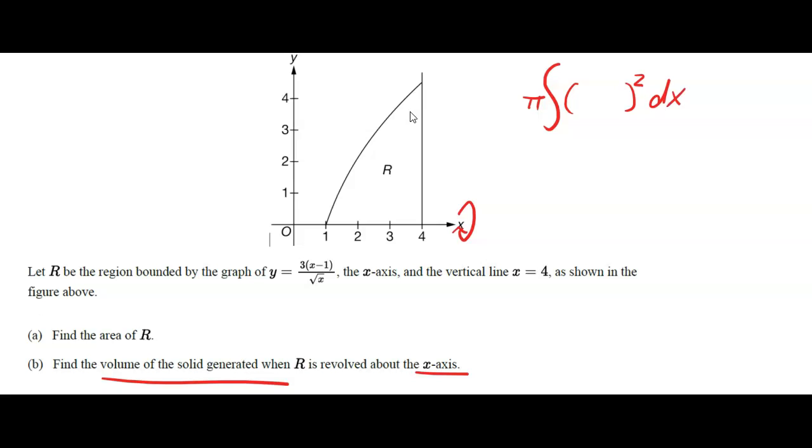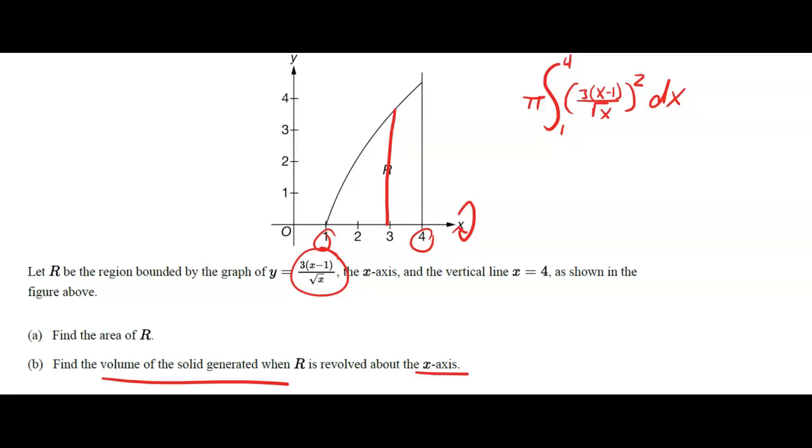Anytime you have a horizontal axis, it's with respect to x, which means that our limits are going to be the same thing they were before, the x values of the beginning and end, which are 1 and 4. The radius is going to be the distance from the curve to the x-axis, which is just that function itself. So we have 3 times x minus 1 over the square root of x. So there's our setup for finding a volume of revolution.